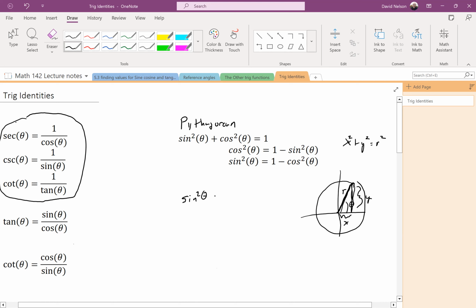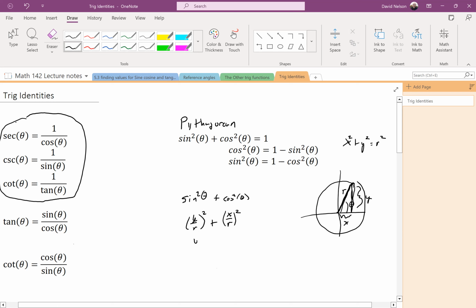But if you look at the relationship of sine squared theta plus cosine squared theta, I know that sine is y over r, so I'm looking at y over r quantity squared plus x over r quantity squared.